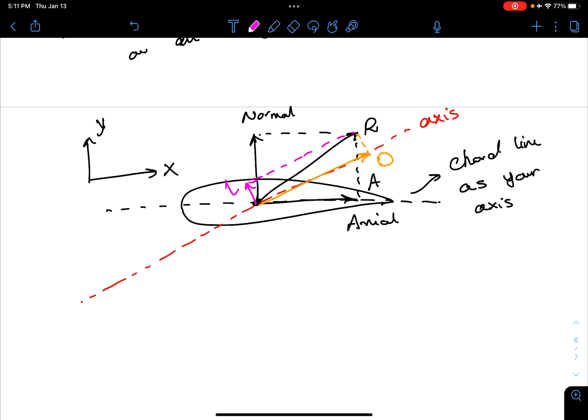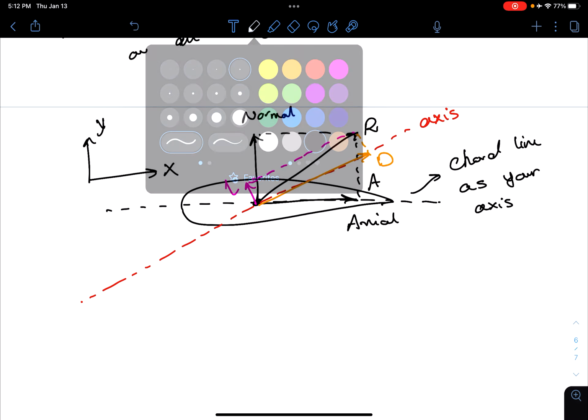So it is very important to keep in mind. Drag and lift are normal and tangent to the flight path. Axial and normal force are normal and tangent, or tangent and normal, to the chord line. What will happen to these components if angle of attack is 0?